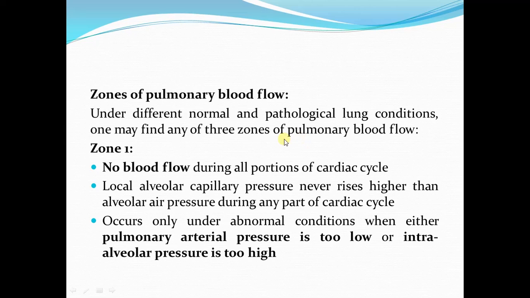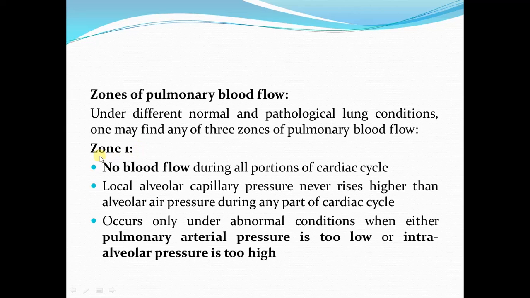These are called zone 1, zone 2 and zone 3 blood flow. So now we are going to see one by one what these different zones of pulmonary blood flow are.